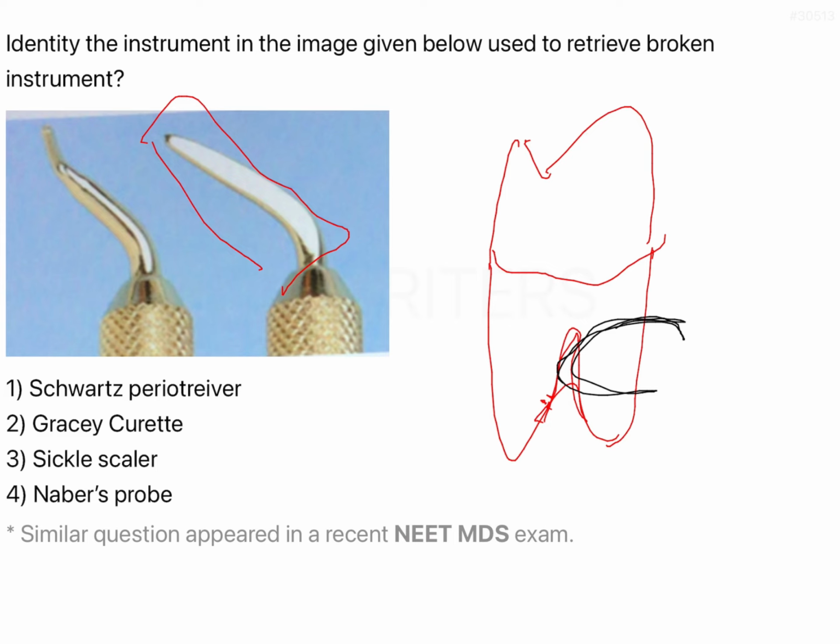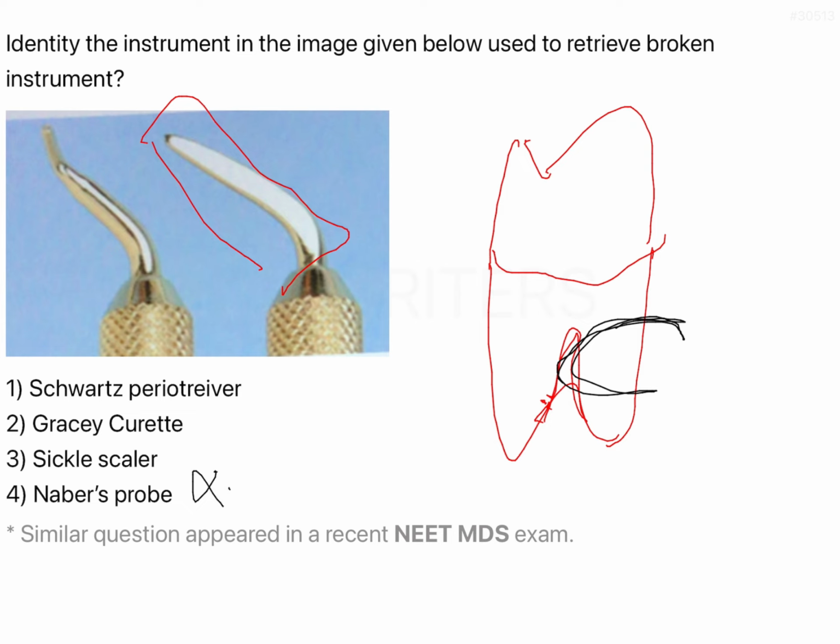That is why you measure the horizontal, because you are placing the instrument horizontally, not vertically, unlike measuring a pocket. Okay. So Naber's probe is completely out because it is primarily used to measure the furcation involvement.